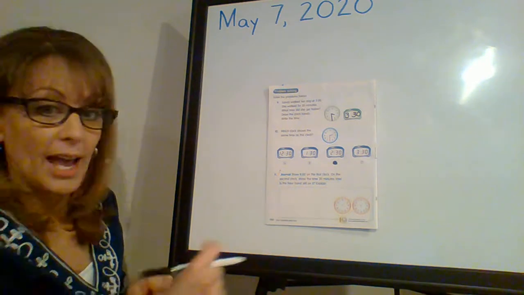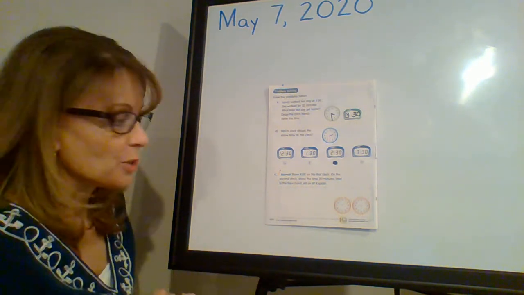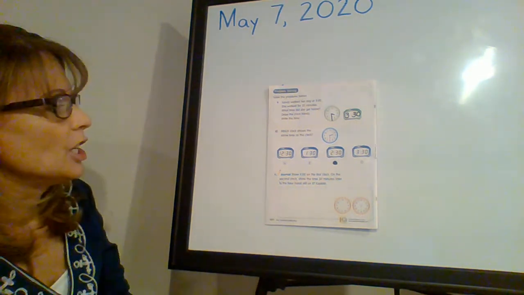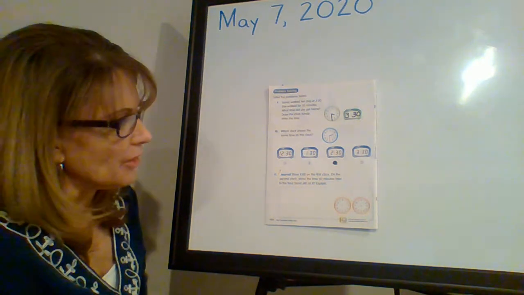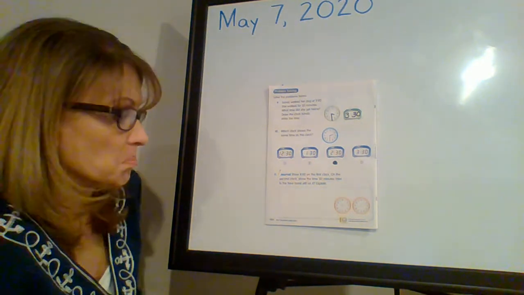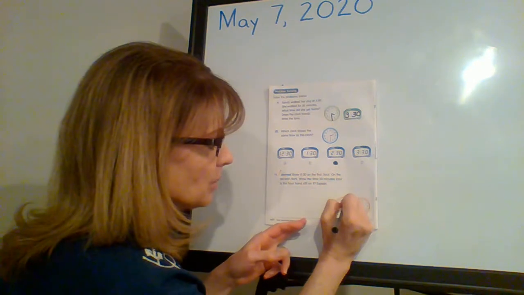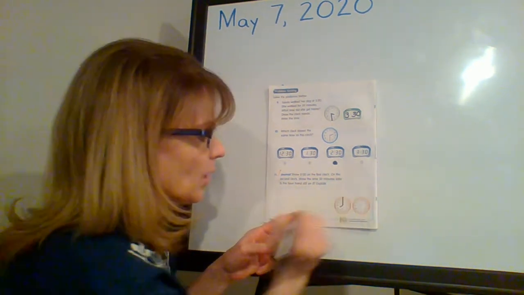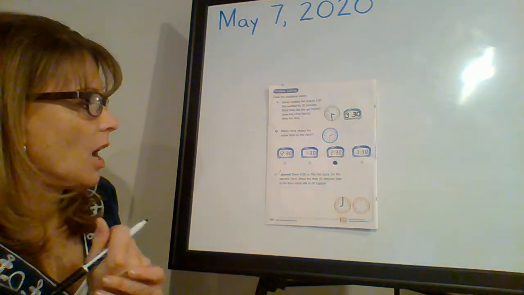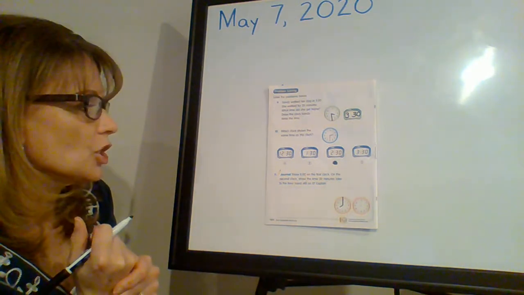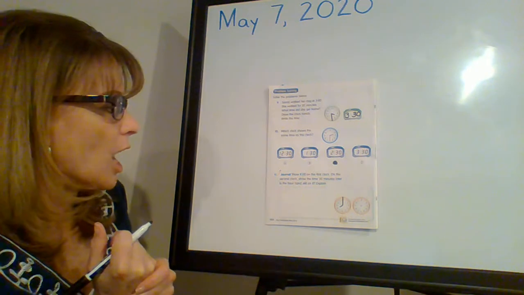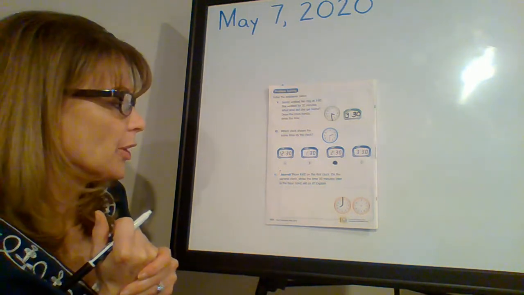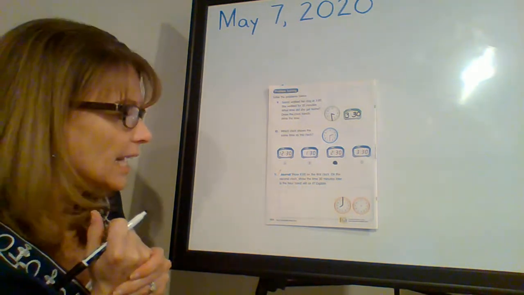Okay. There's something fun for us to do here. It says, show 8 o'clock on the first clock. Well, that's pretty easy, right? We put the little hand on the 8. We put the big hand on the 12. 8 o'clock. On the second clock, show the time 30 minutes later.